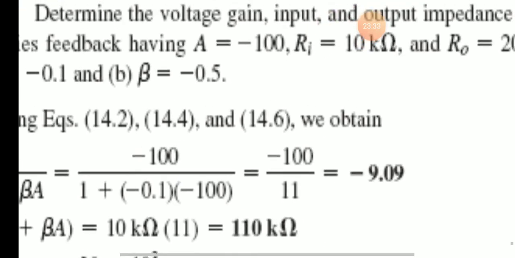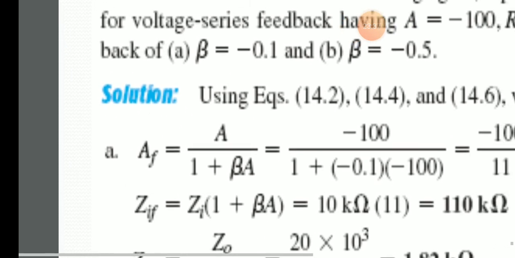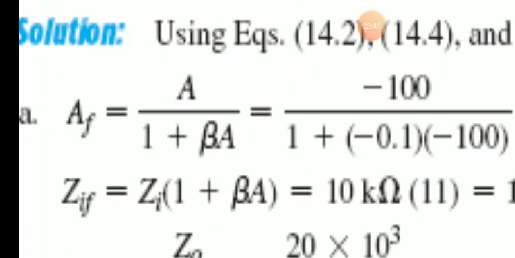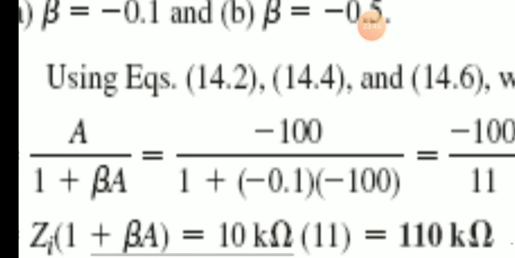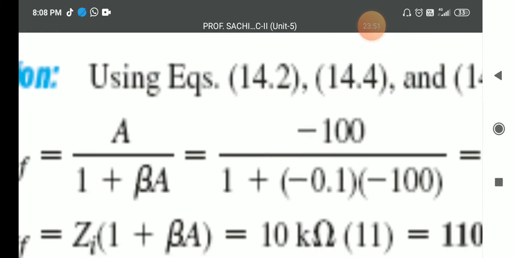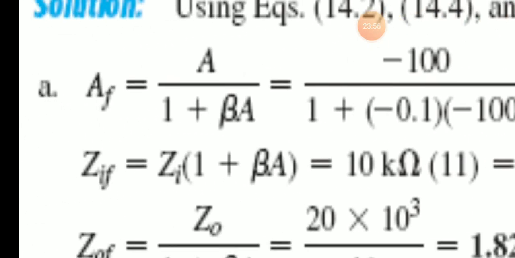You have to use the equations we studied before. The feedback gain can be calculated by Af equals A by 1 plus beta A. Gain is minus 100, then 1 plus beta A with beta minus 0.1 gives, you will get minus 9.09, that is the feedback gain.